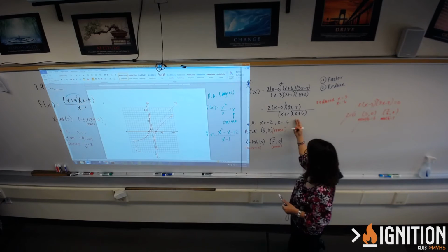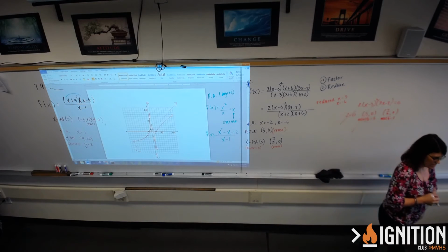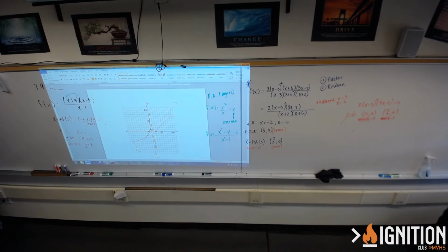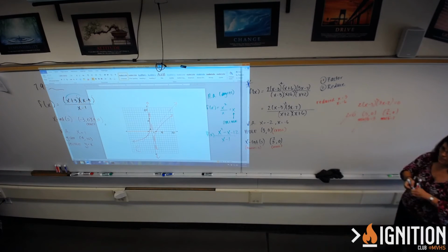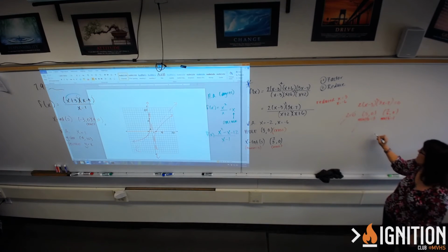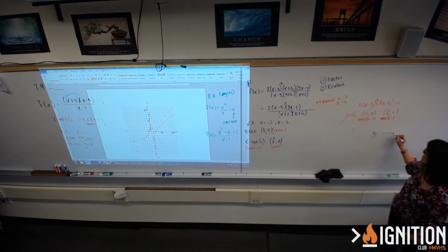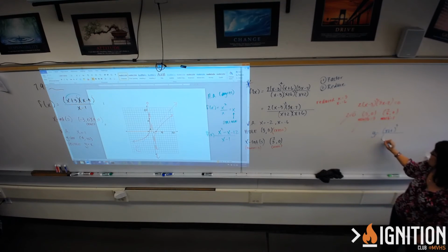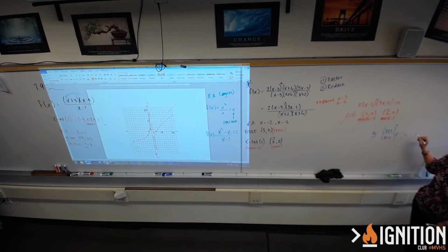It's in the denominator. Never. Ever. There's a couple ways you can be a hole, Nate. You can be a hole if you have x plus 4 to the 5th over x plus 4 squared. When you reduce that, you get x plus 4 cubed. That's a hole on the x-axis.